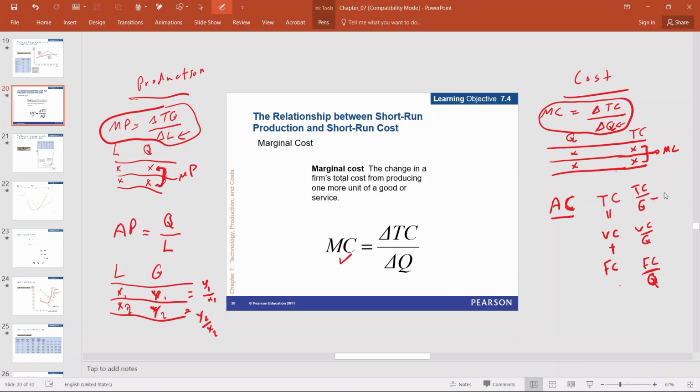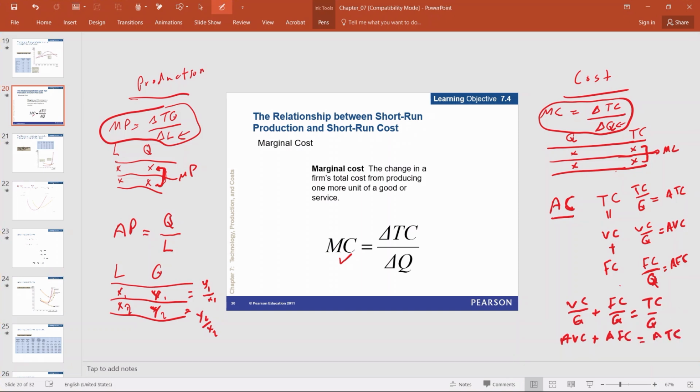So we call this average total cost, this one average variable cost, and this one average fixed cost. Again, variable cost over Q plus fixed cost over Q equals total cost over Q, or average variable cost plus average fixed cost equals average total cost.